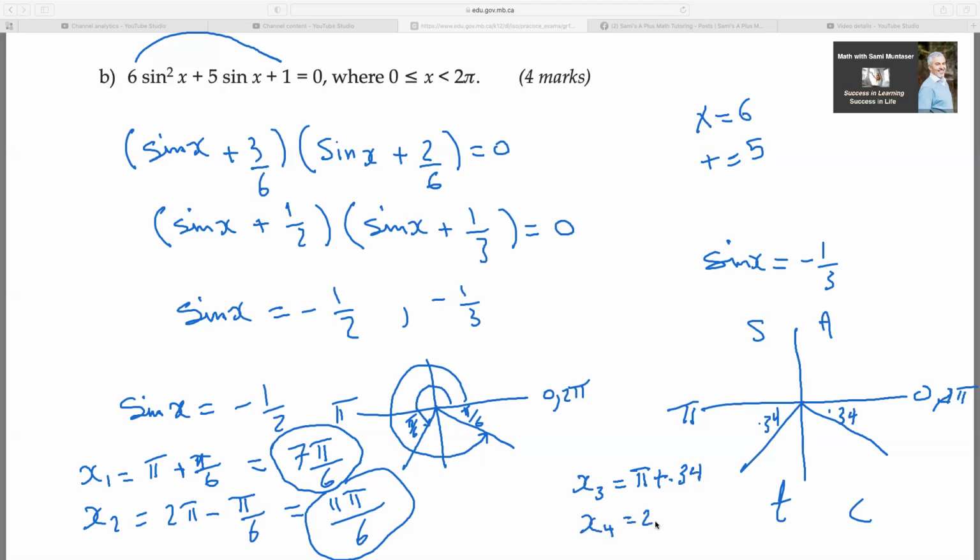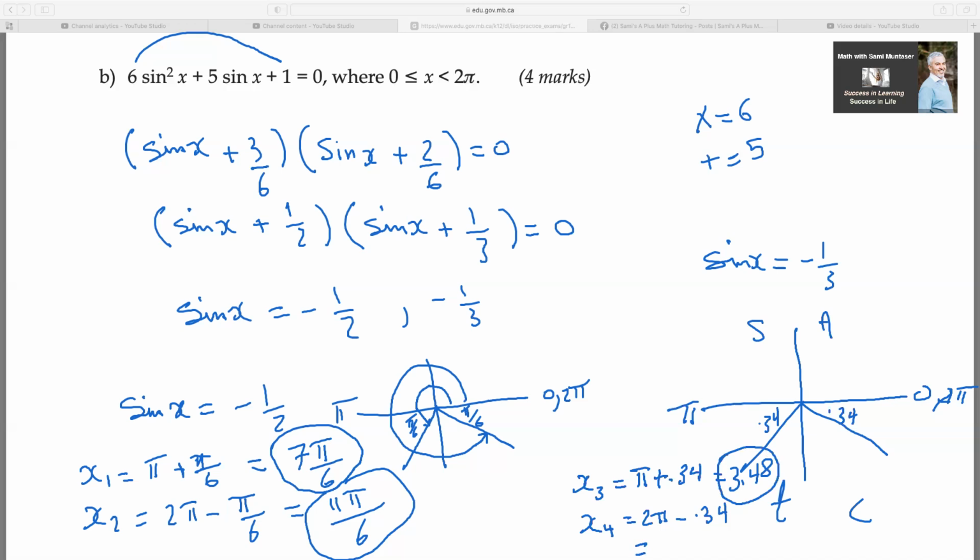You cannot express this in exact value, so x3, if you wish, would equal pi plus 0.34, and x4 would equal 2 pi take away 0.34. So plus pi, this one will be 3.48, and that is my third answer.